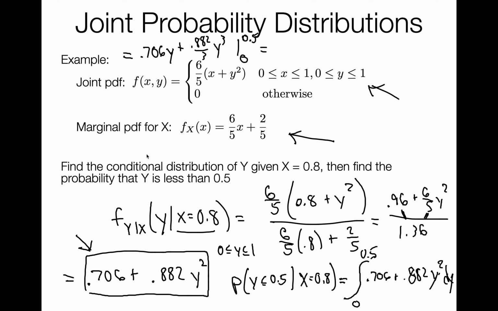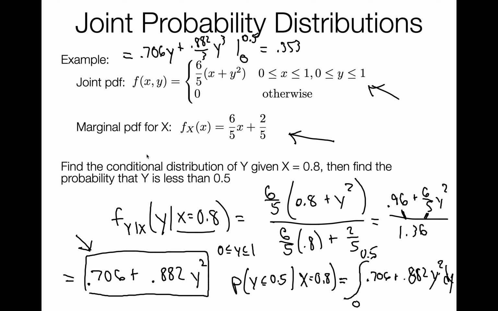Now, when I plug in 0.5, I have to do the calculations here on the fly. I didn't do them beforehand. So 0.706 times 0.5 is equal to 0.353. And then we've got 0.882.